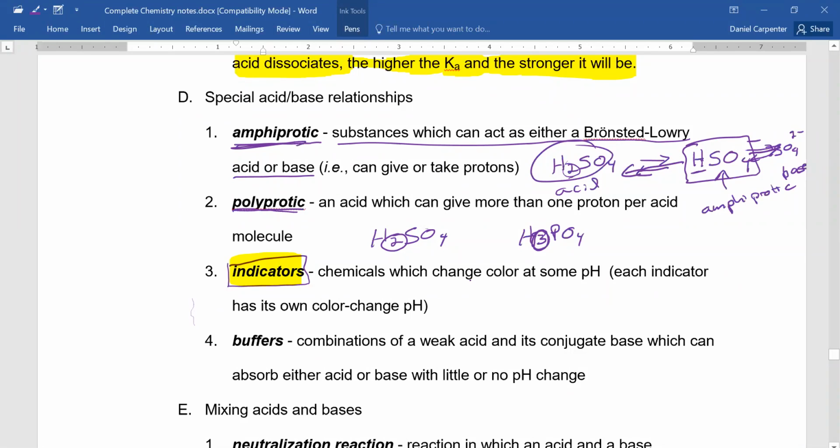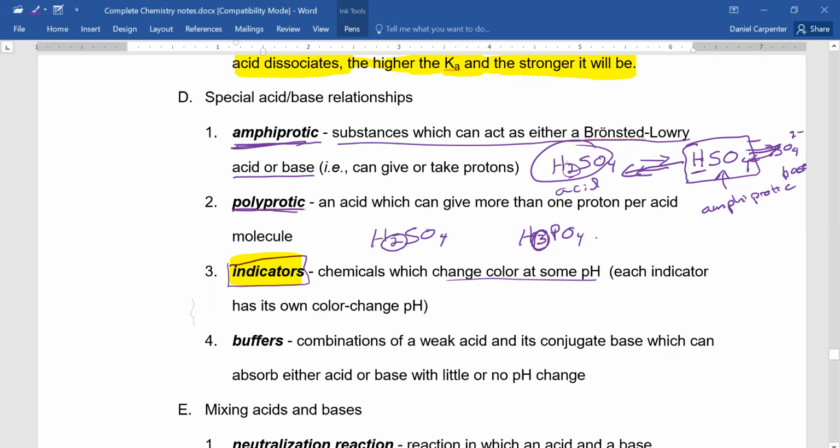Chemicals which change color at some pH. Yesterday I told you 2 indicators. Litmus turns red and blue at neutral, pH 7. I guess technically it can't change both colors at the same pH, so it changes like at 7.1 and 6.9.